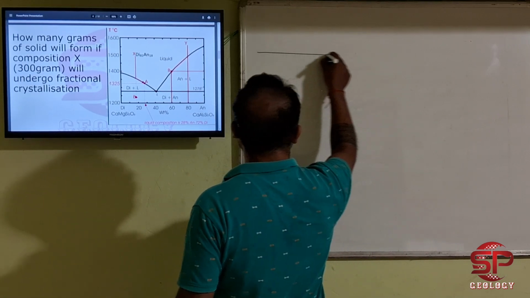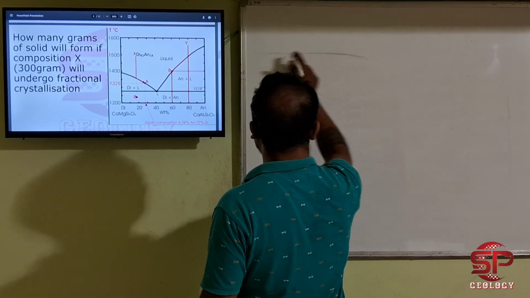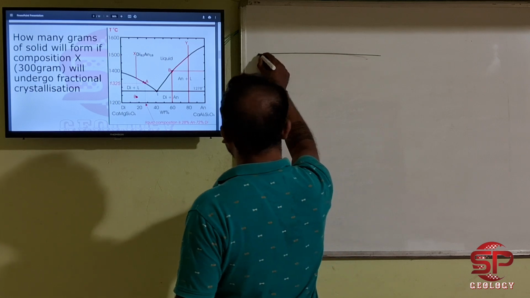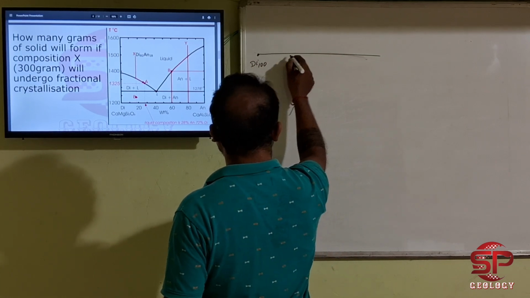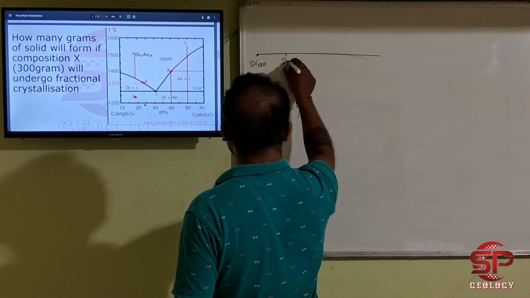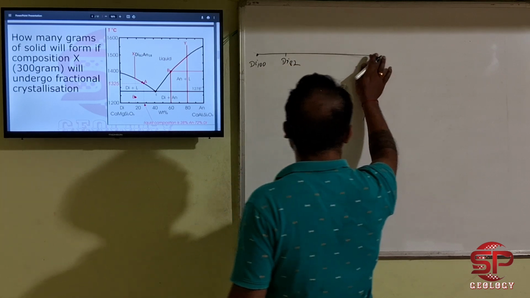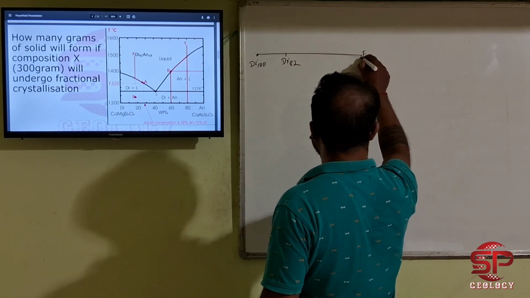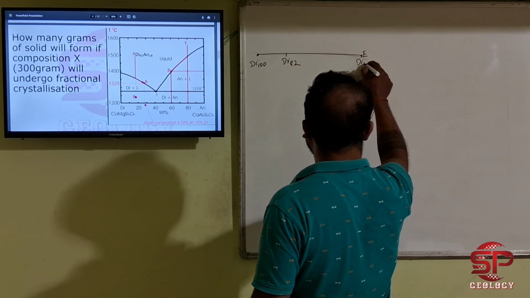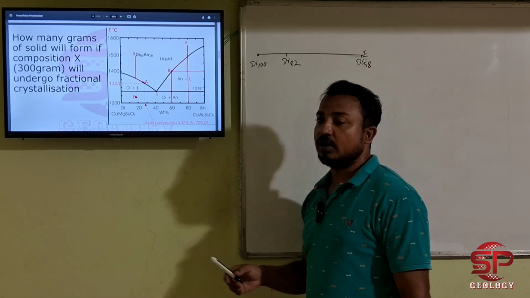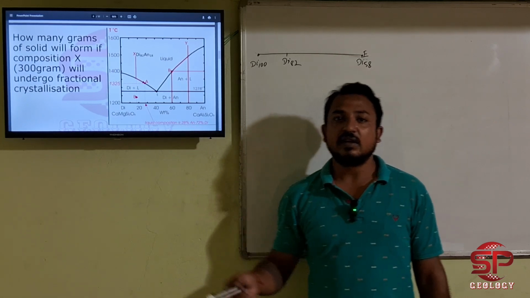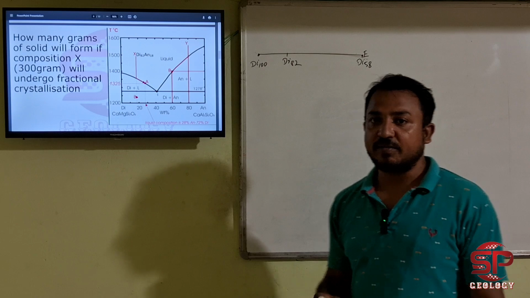So the initial composition is diopside 82. So this is our eutectic point. Here diopside will be 58. So we know the eutectic composition of diopside anorthite: it is diopside 58, anorthite 42.